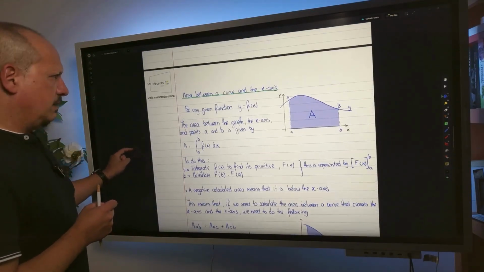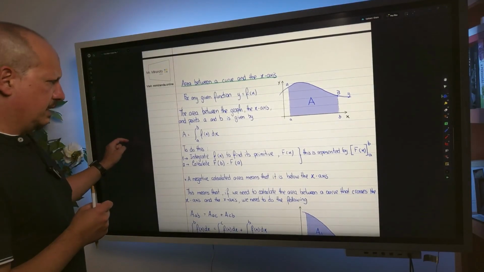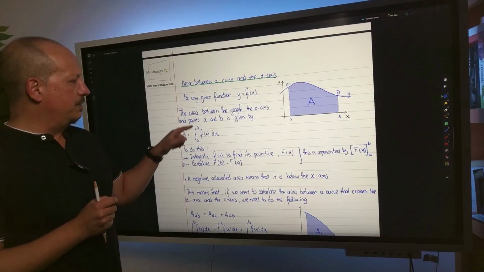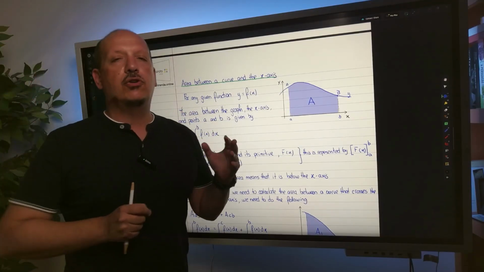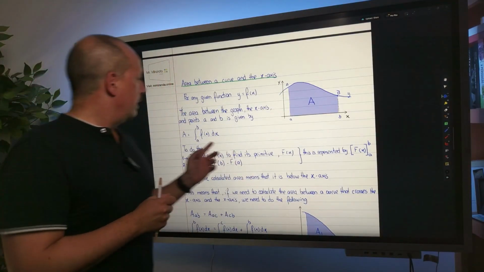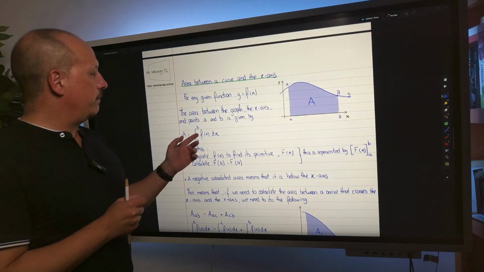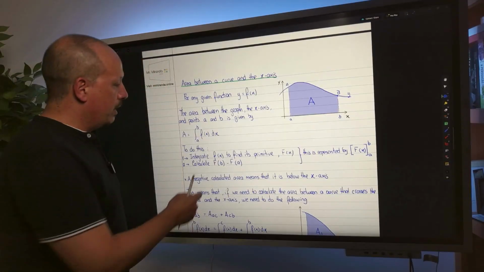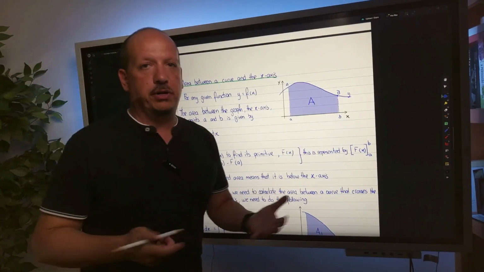There is no need for you to worry, every time you have limits of integration, about the value of k, the arbitrary constant. Why? Let's imagine that you did include it.